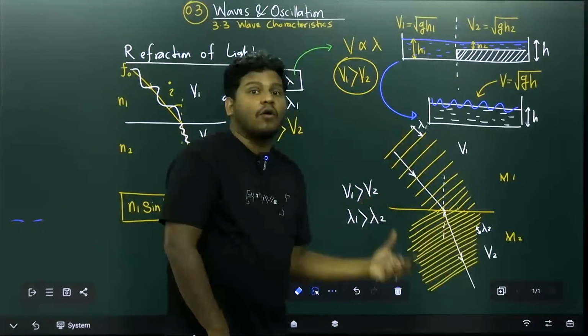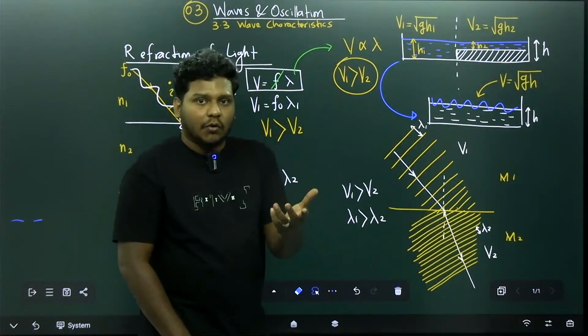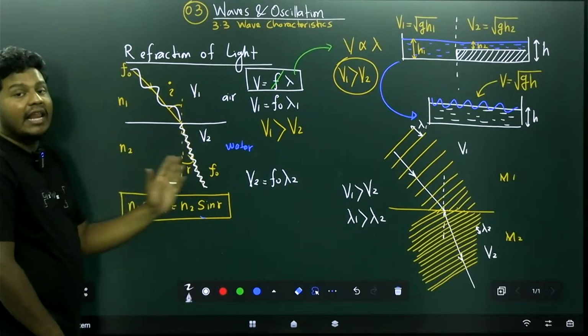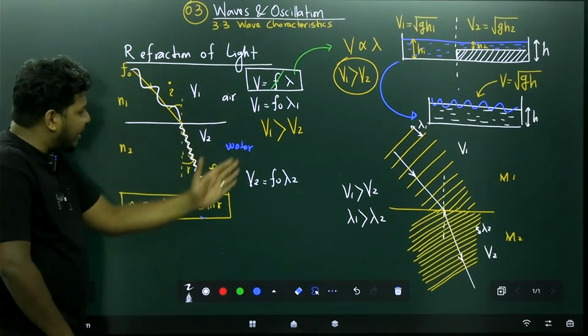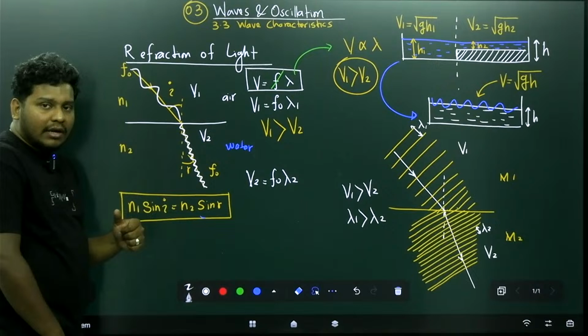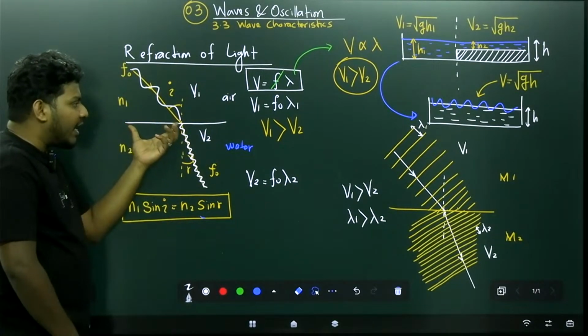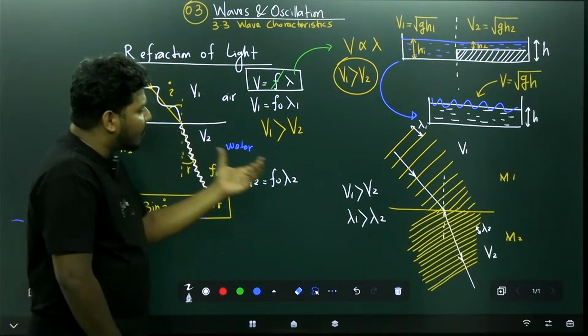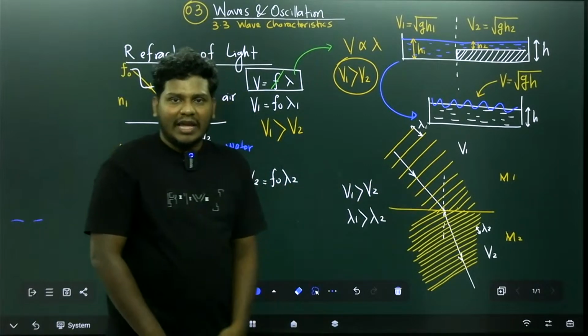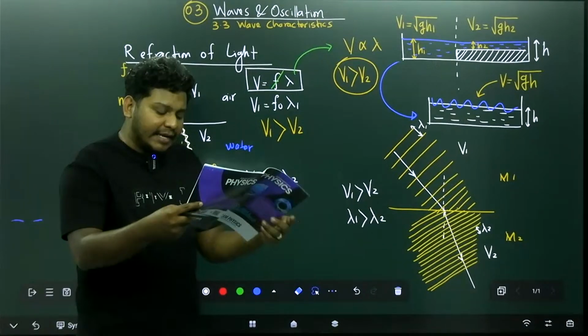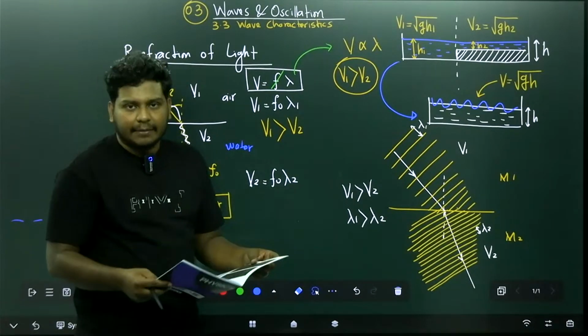This refraction obeys Snell's law, which we earlier studied in the light part. So we know the law here, and according to this law, this will happen. This is how it's going to work, and you don't need the proofs here.